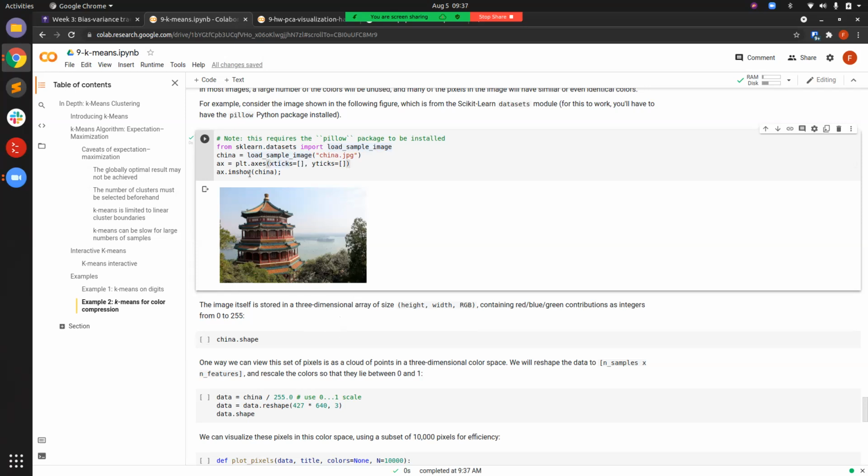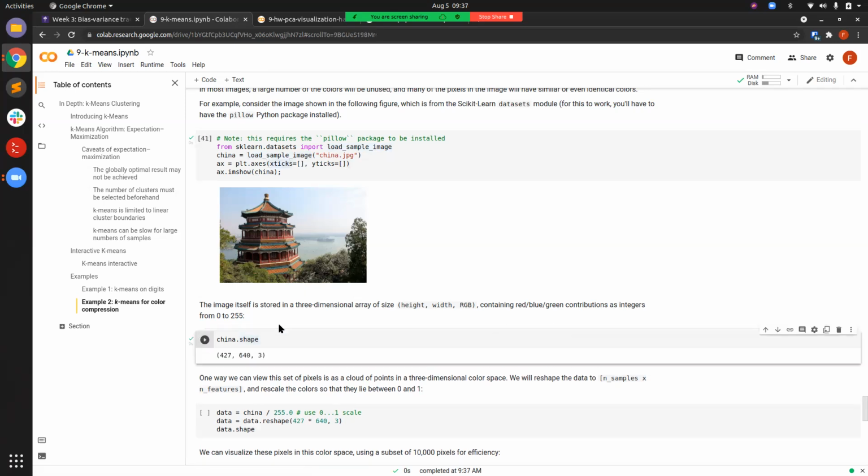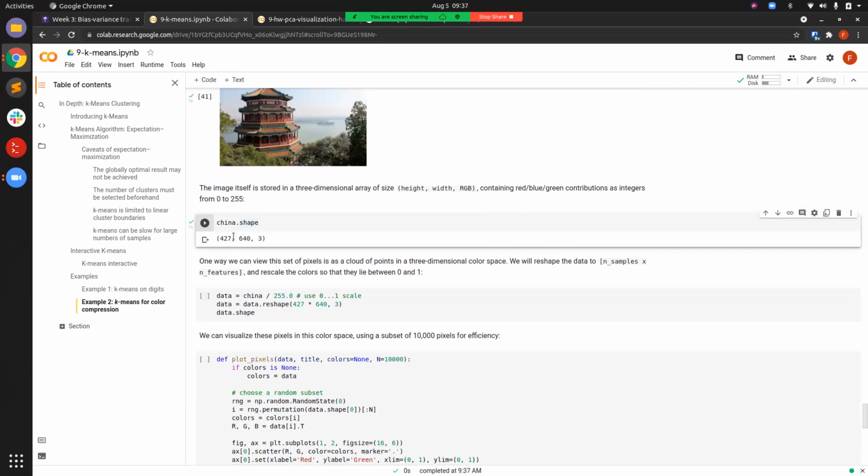So here's an example on an image. Okay, so this is an image. It's 427 by 640 by 3. And the last dimension is 3. That means there are 3 color channels in the image: a red channel, a green channel, and a blue channel.